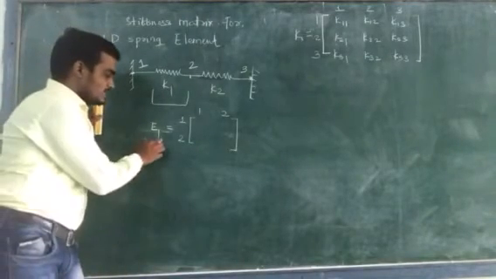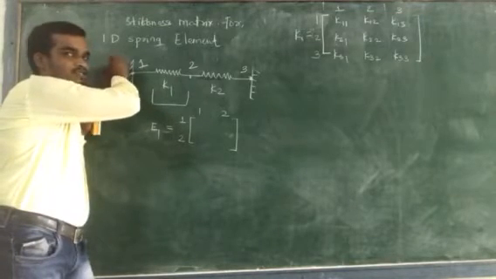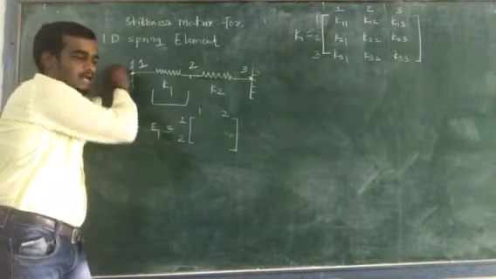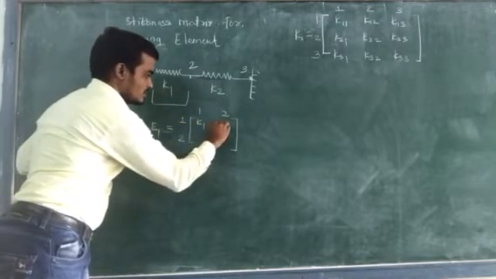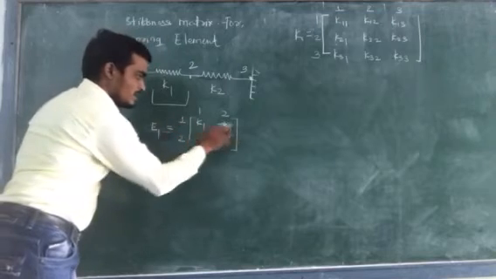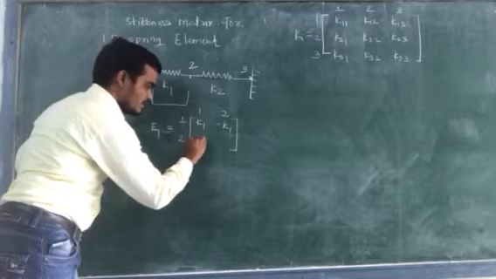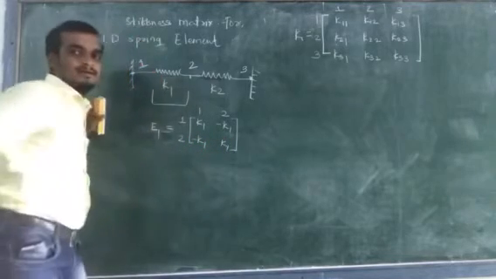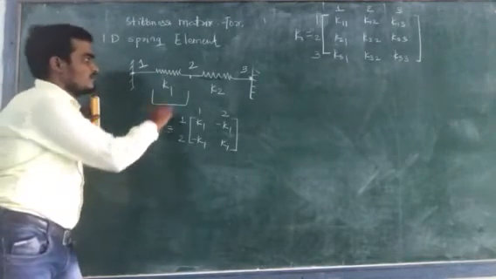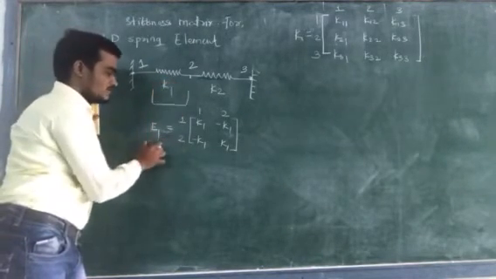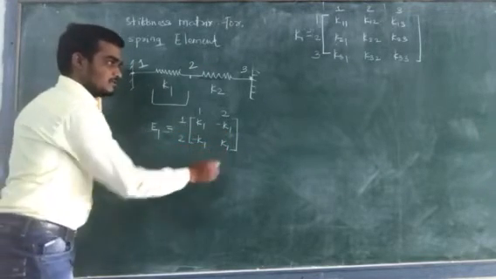So we can write this elemental stiffness matrix by using our stiffness matrix for the one dimensional spring element. For the first equation it will become K1, minus K1. Second equation it will become minus K1, K1. Okay, so in this way you can write the elemental stiffness matrix E1 for the first element: K1 minus K1, minus K1 K1.